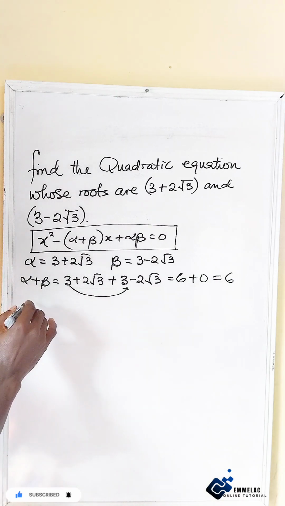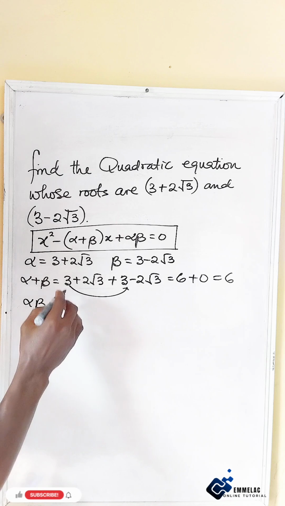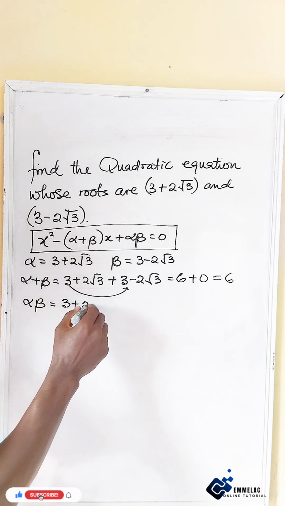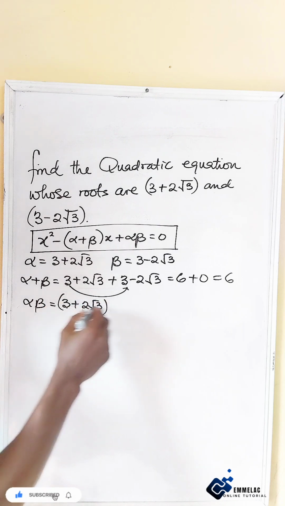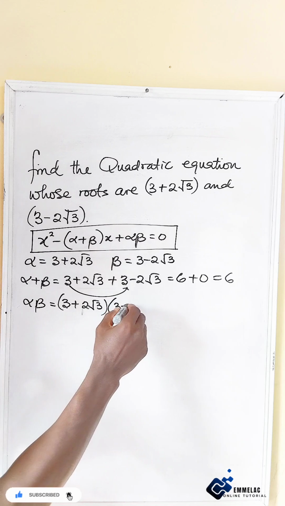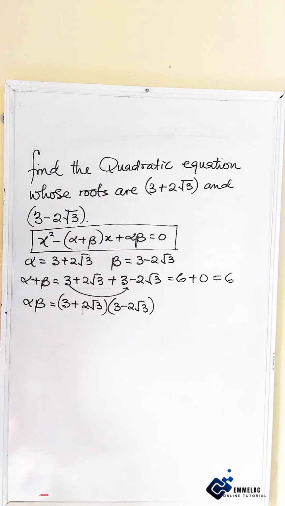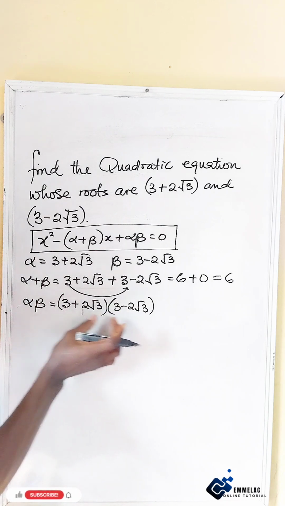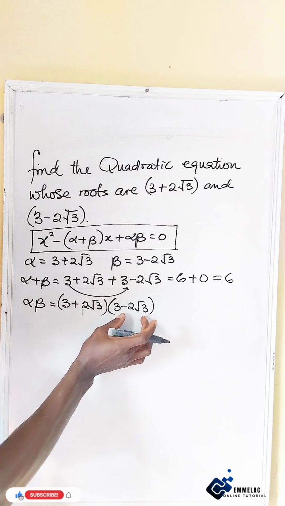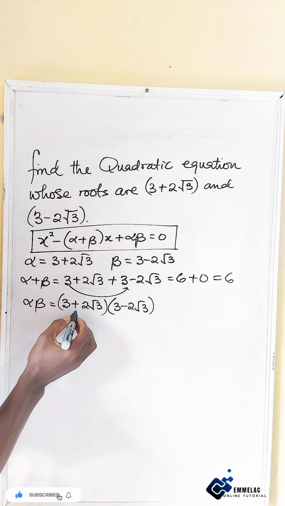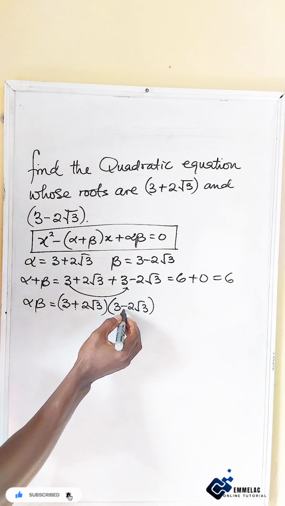Now let us look at the product, which implies 3 plus 2 root 3 times 3 minus 2 root 3. Expanding this, we have similar terms in the two brackets, and the only difference is the plus and the minus.